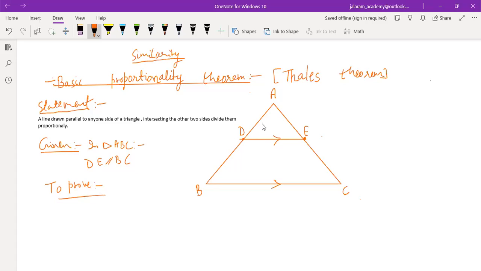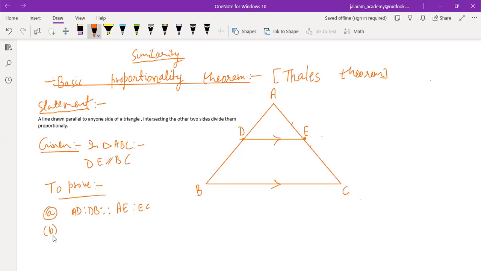So we observe that AB and AC are the two sides and DE is dividing AB in the ratio AD is to DB. So it is proportional to the two parts of AC, that is AE is to EC. Means AD is to DB equals to AE is to EC. But remember, proportional doesn't mean that only AD is to DB equals AE is to EC.